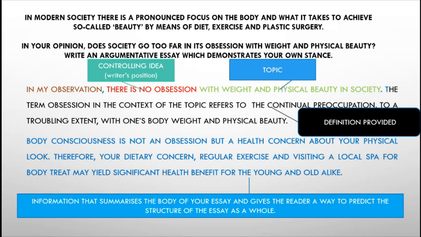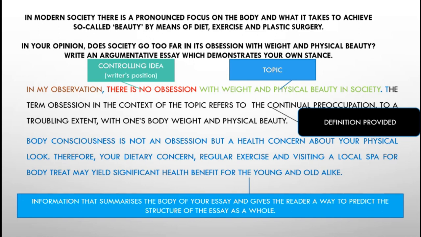So the student touches on the topic, and then also gives us an idea how they intend dealing with the topic right through the essay. You can see that the student says, "In my observation, there is no obsession." Can you see that the student is actually positioning themselves in regard to the topic?